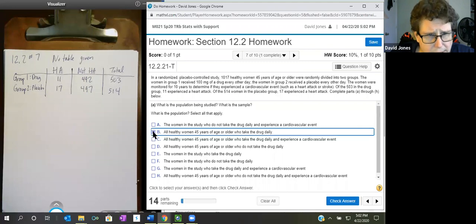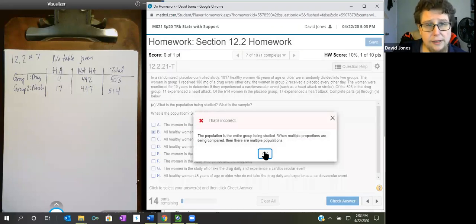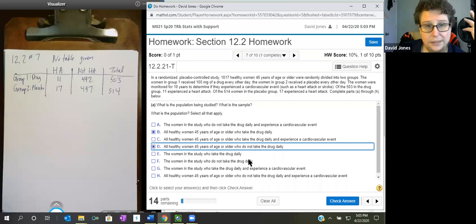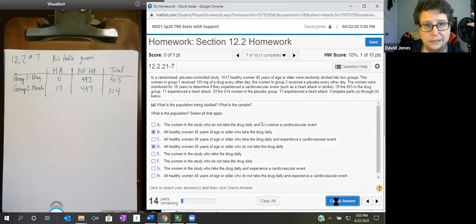That's B. Whether they have a cardiovascular event or not sounds like that's just extra. Let's see if that's all they want. No. So let's see, there's the women who take the drug daily. There's all healthy women who don't take the drug daily. That's the other part of the population. There we go.